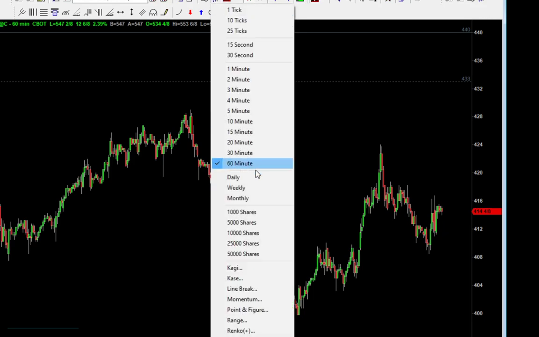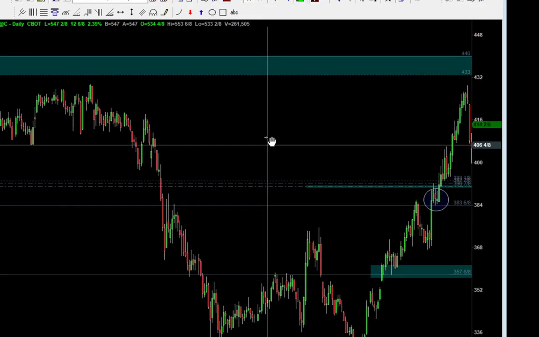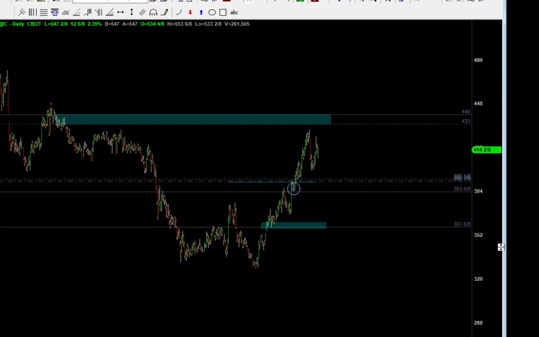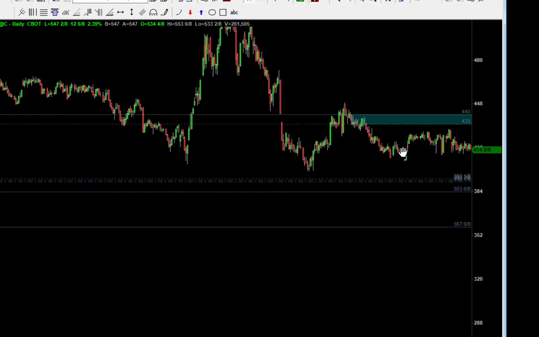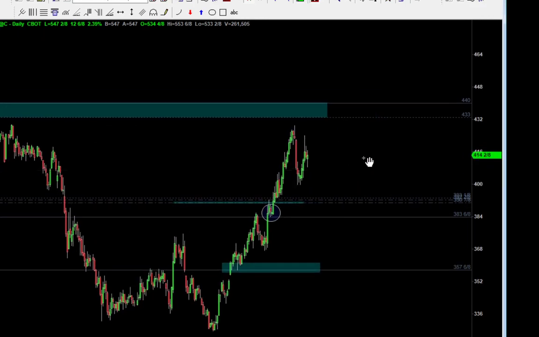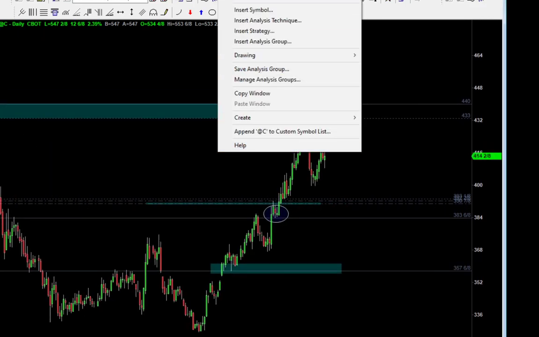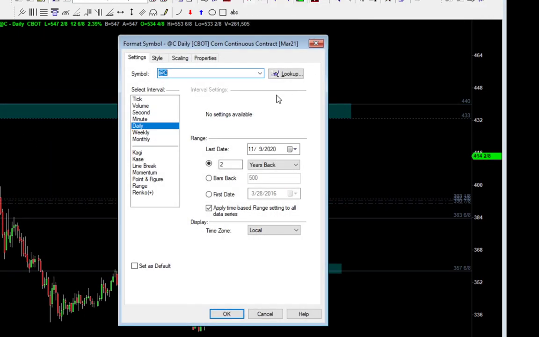Head to the daily one more time. Up here is good. Down here is good. Here's something. Let's just leave it roll on the daily now. See if it creates some zones for us.